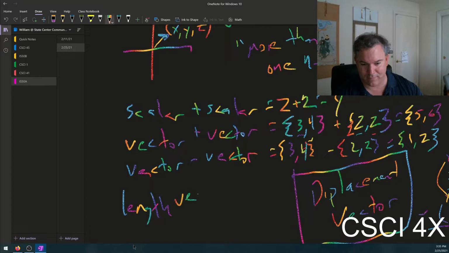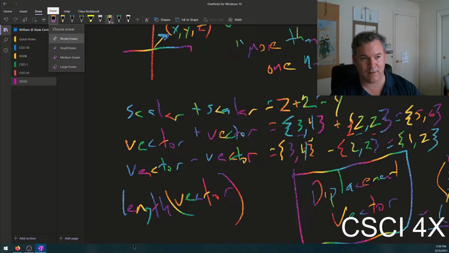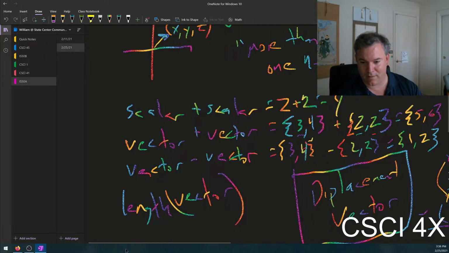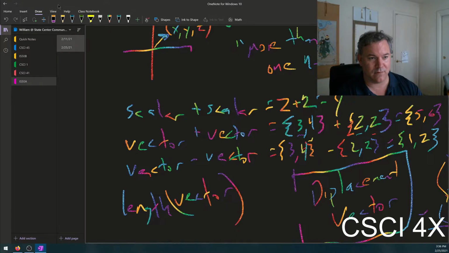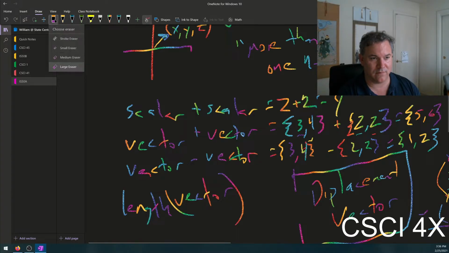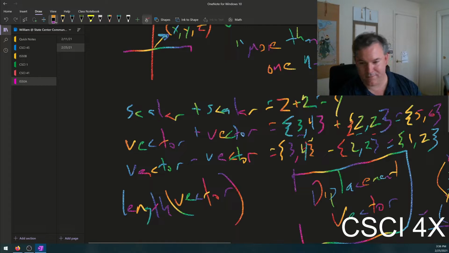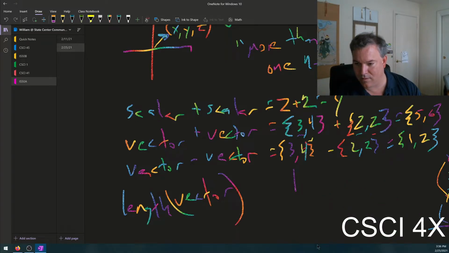And then if you take the length of a vector, you take the length of a vector by, come on. OneNote is so terrible. It does this thing where you can't click on the buttons.